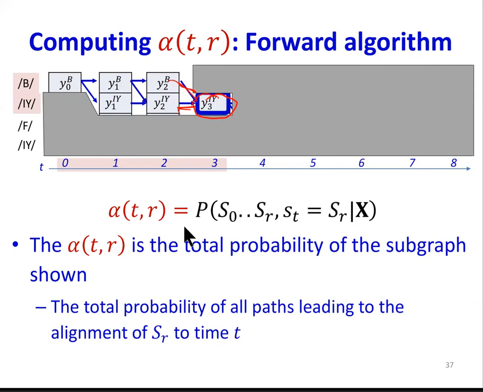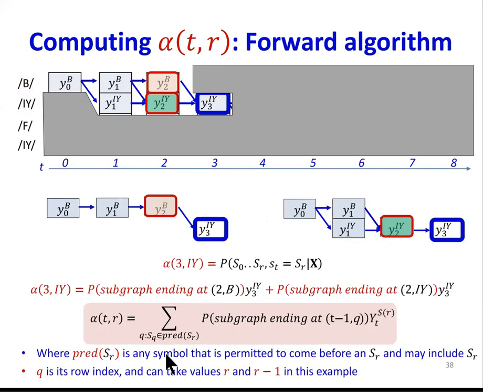So the total probability of all paths going into this node over here is going to be either the total probability of all paths arriving here times the extension, which is the probability of this node, or the total probability of all paths arriving at this node here times the probability of extending it to this node. That makes sense?